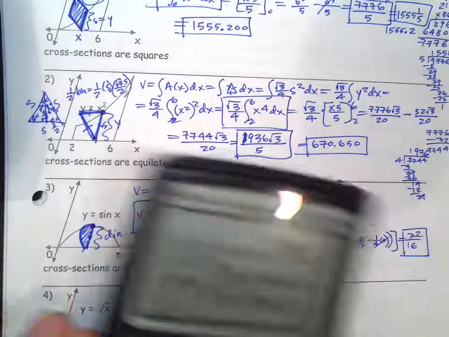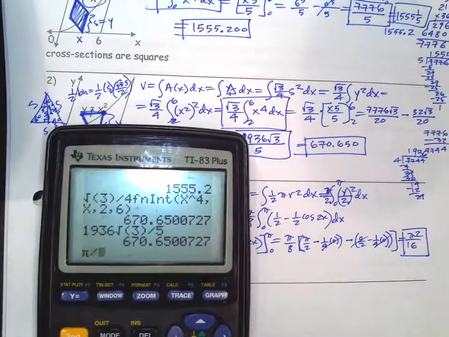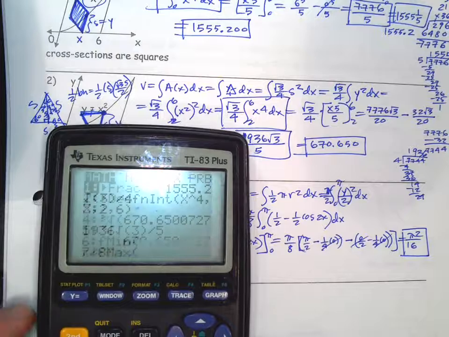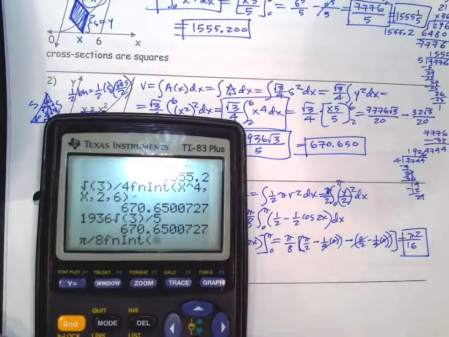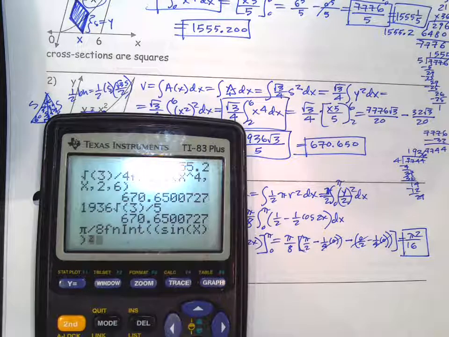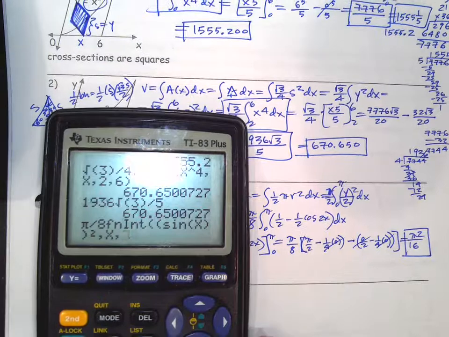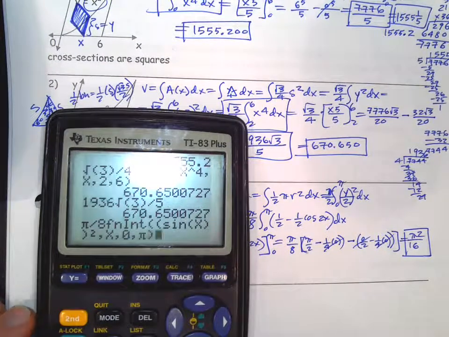Pi over 8, math 9, sine x closed squared, comma x, comma 0, comma pi.